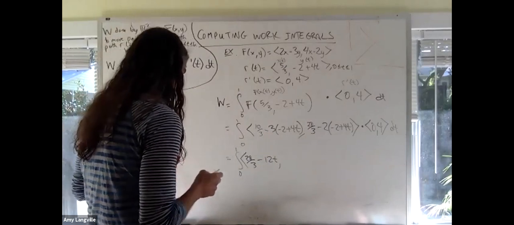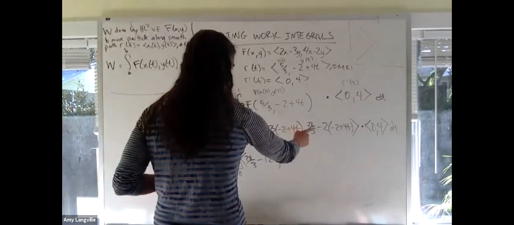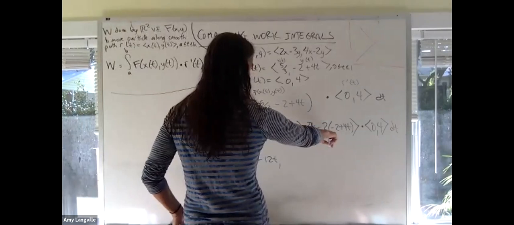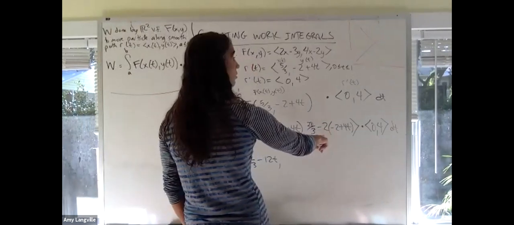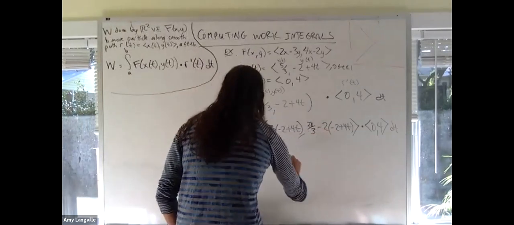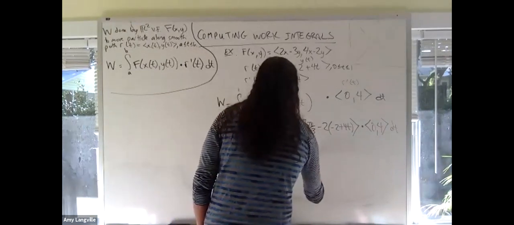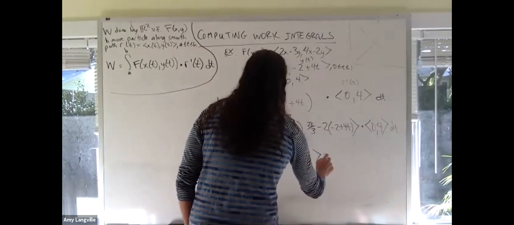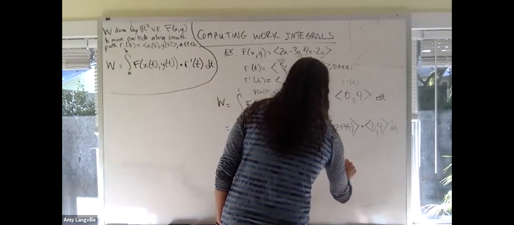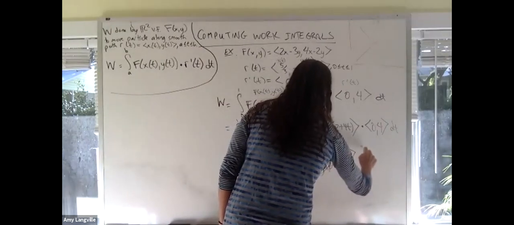Yeah, that looks right. And then 20/3 plus 4, so that'd be 32/3 minus 8t. Dot that with r prime, which is just the constant vector.